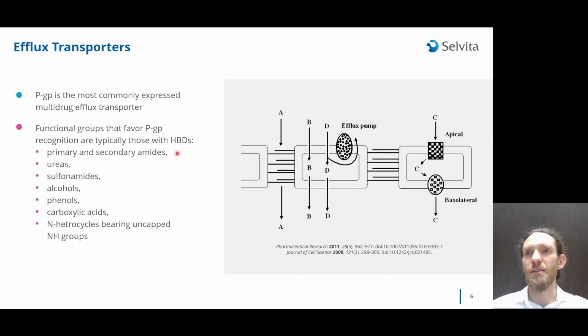So compounds that have moieties like primary or secondary amides, ureas, sulfonamides, alcohols, phenols, carboxylic acids, or heterocyclic groups with an uncapped amine group may have a higher chance of being a substrate of PGP efflux.